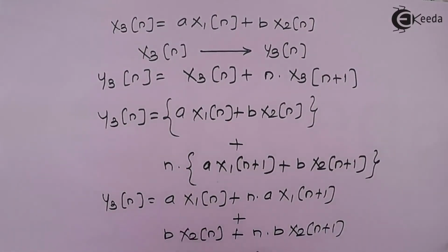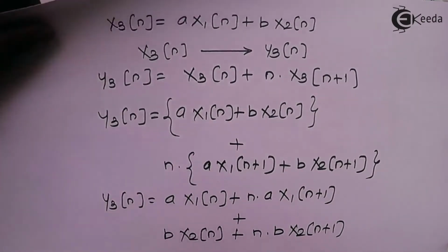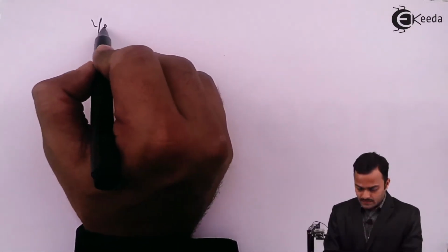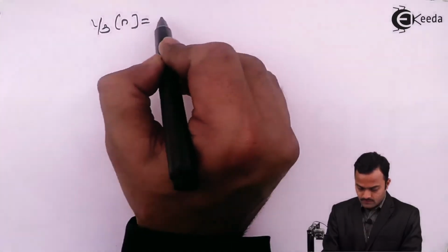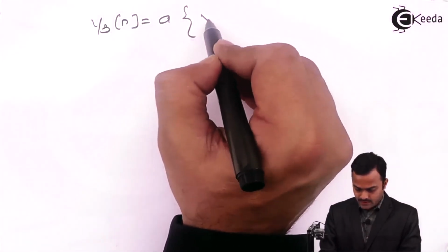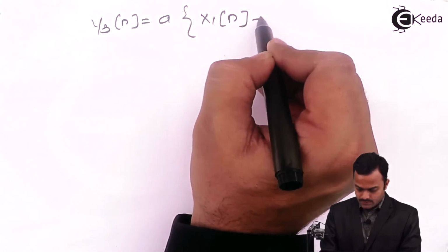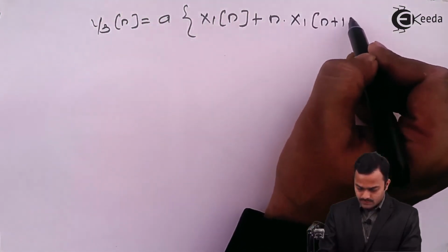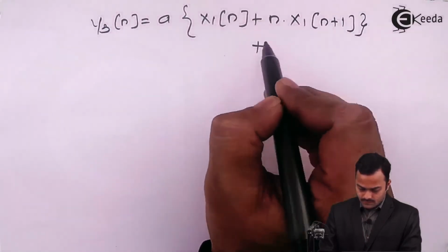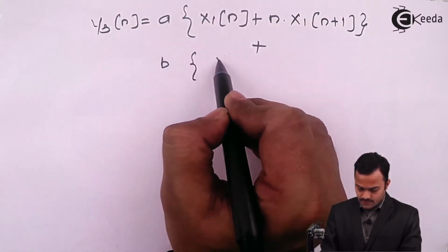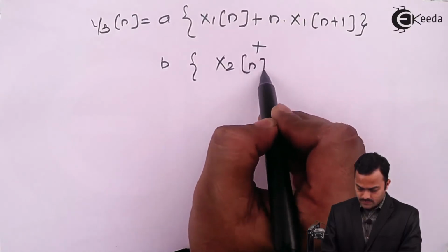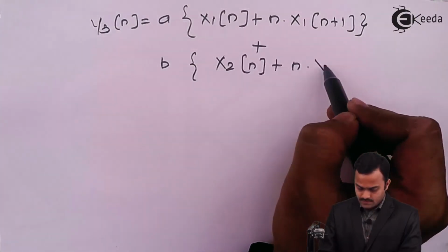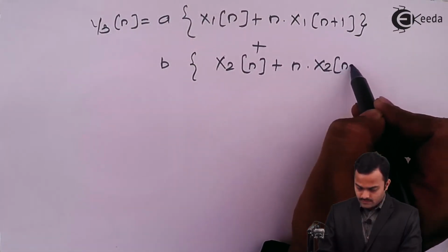Now just taking a and b common from these two expressions, I will get y3n as a bracket x1n plus n x1 n plus 1 plus b x2n plus n times x2 n plus 1.